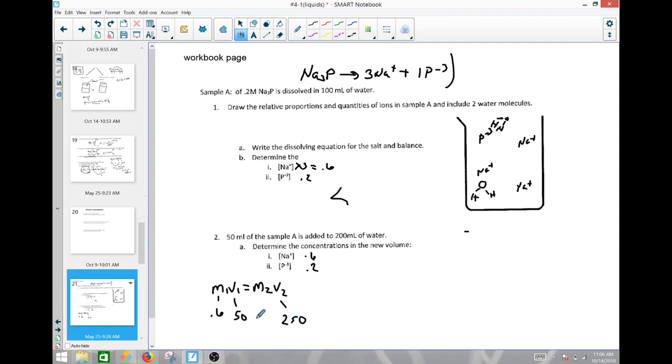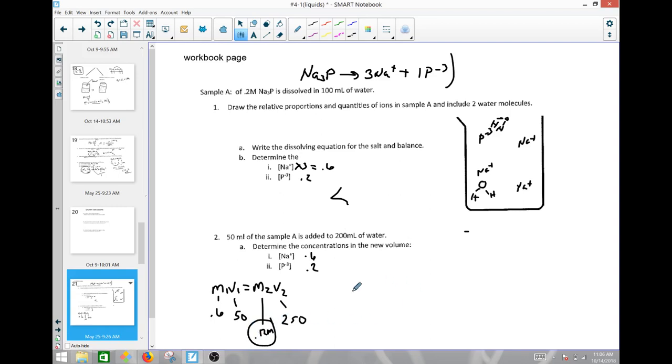My volume is increasing 5 times. It should decrease in concentration 5 times. There we go, solve out. 0.6 times 50 divided by 250 is 0.12. That is the concentration.